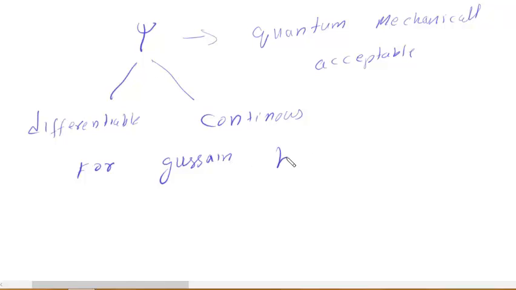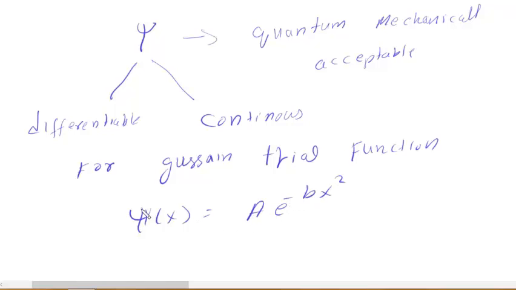For example, the Gaussian trial wave function is psi of x is equal to A into e to the power minus b x square. This is the Gaussian trial function.